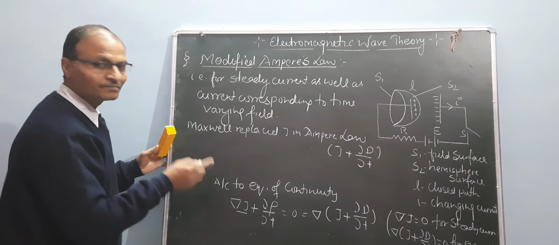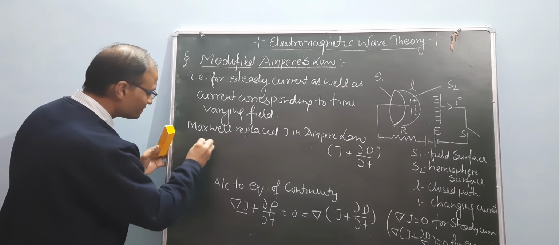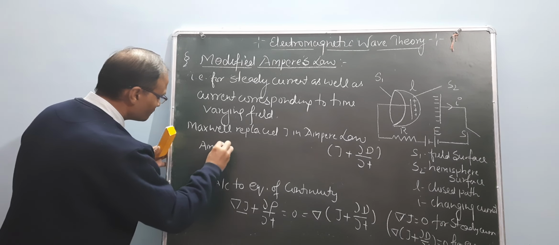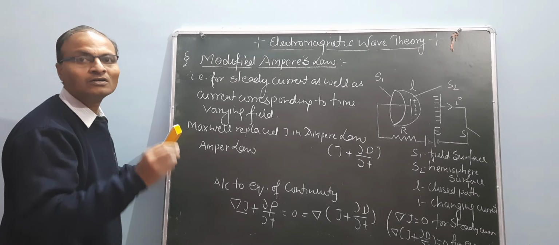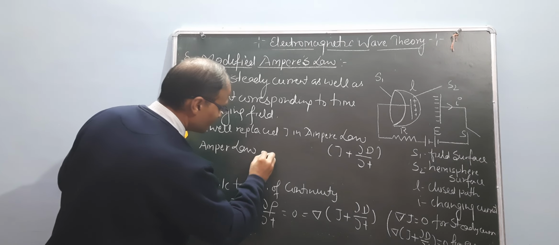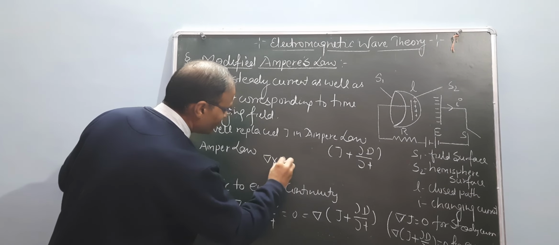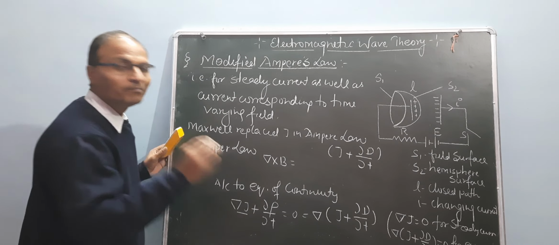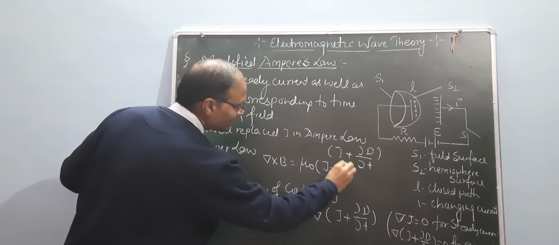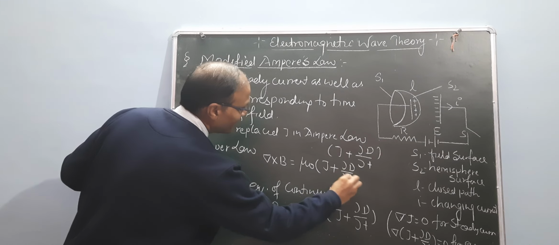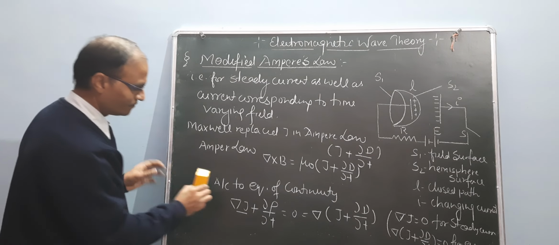Now then, Ampere's law: curl B, del cross B, equal to mu naught times J plus del D over del t.